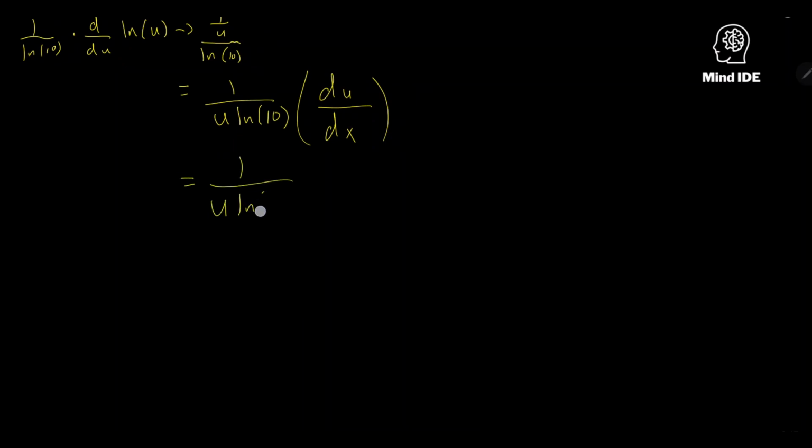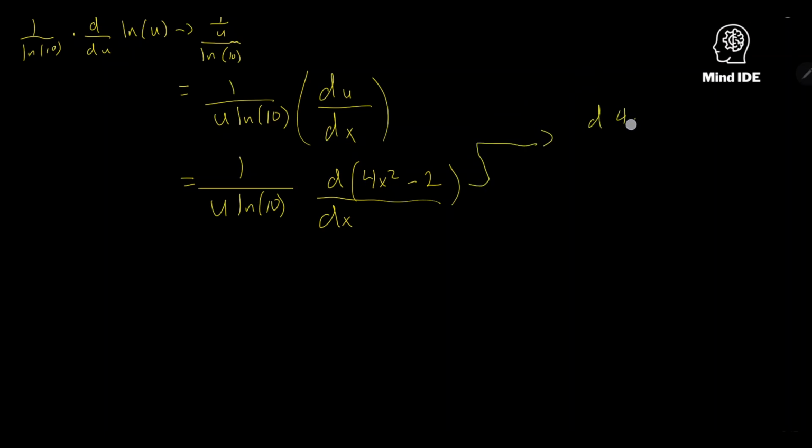So 1 over u natural log 10 times d of 4x squared minus 2 over dx, which is, again, if we do by parts, d of 4x squared over dx plus d of negative 2 over dx.